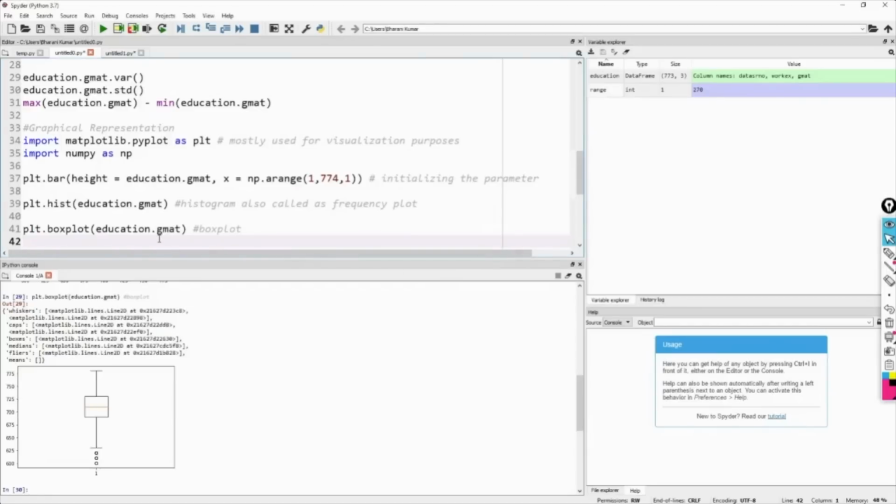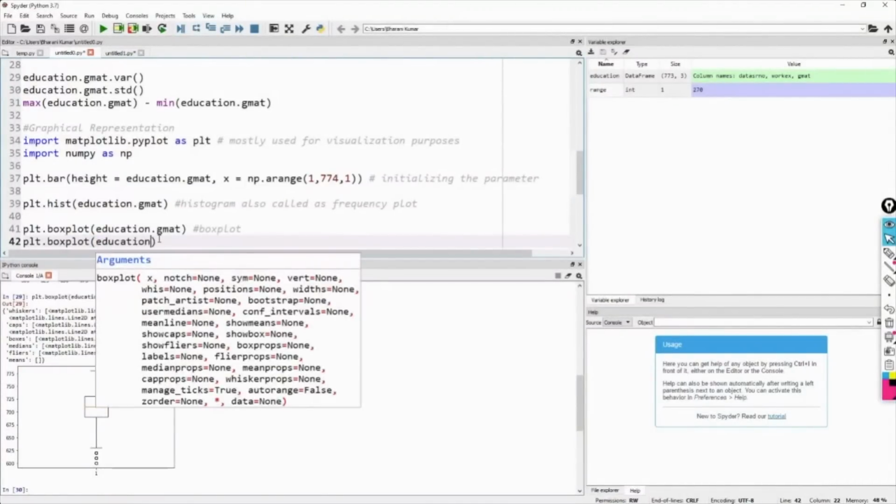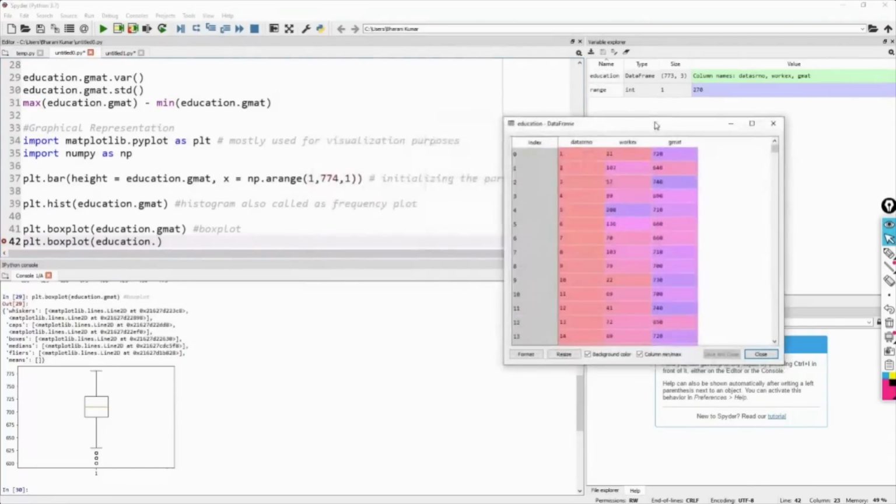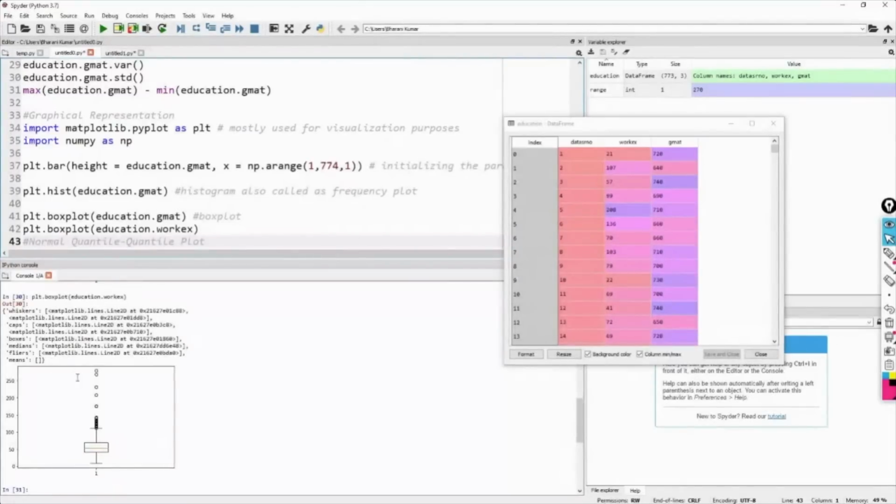So if I do plt dot boxplot of education dot, let me pick work experience this time. Work experience. If I run this, I'll get another box plot.